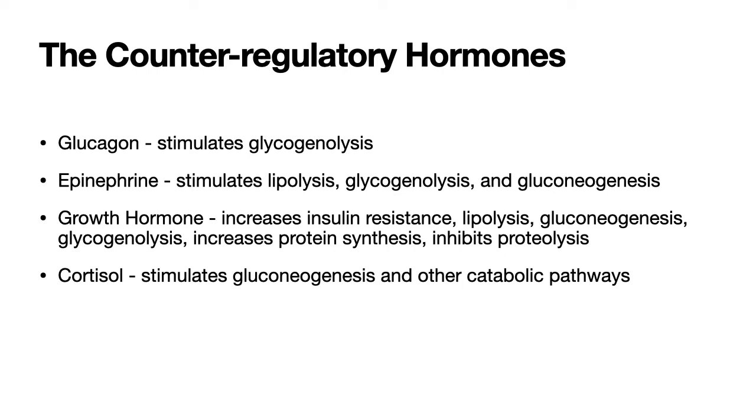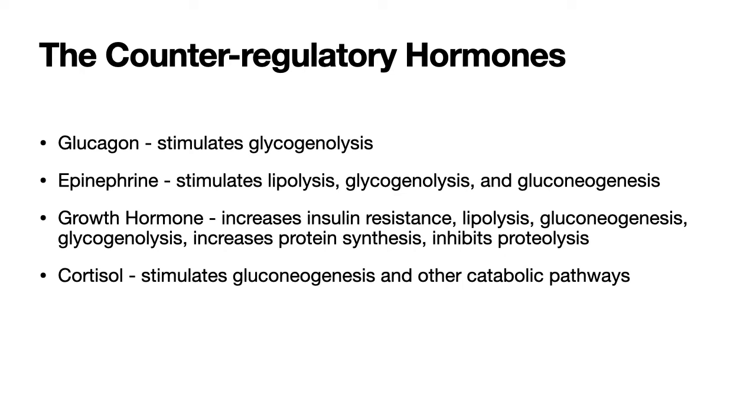Growth hormone is also released in the fasting state, and the effect of growth hormone will be insulin resistance. So, in the fasting state, there is insulin resistance, so that the muscle and the fat cell will not take up glucose.